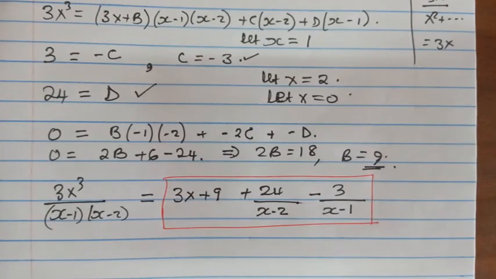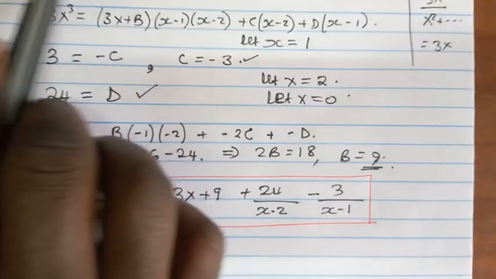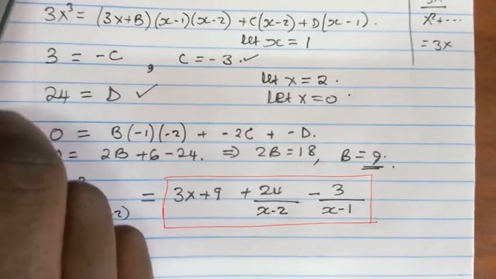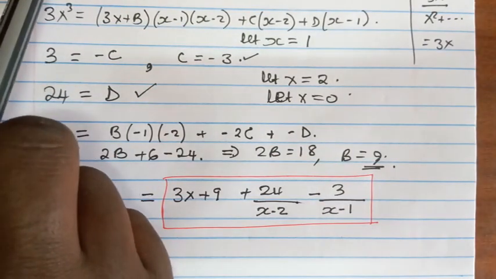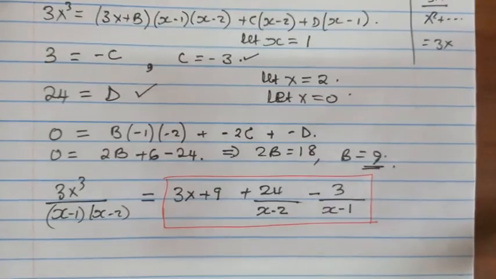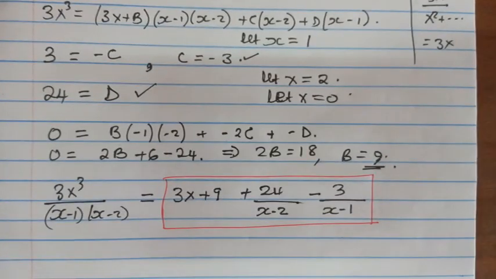We have x cubed divided by x squared, and you can see the power at the numerator is greater than the power at the denominator, and that is exactly what we expected. So moving forward, please note what an improper fraction is and how to express it in partial fractions.